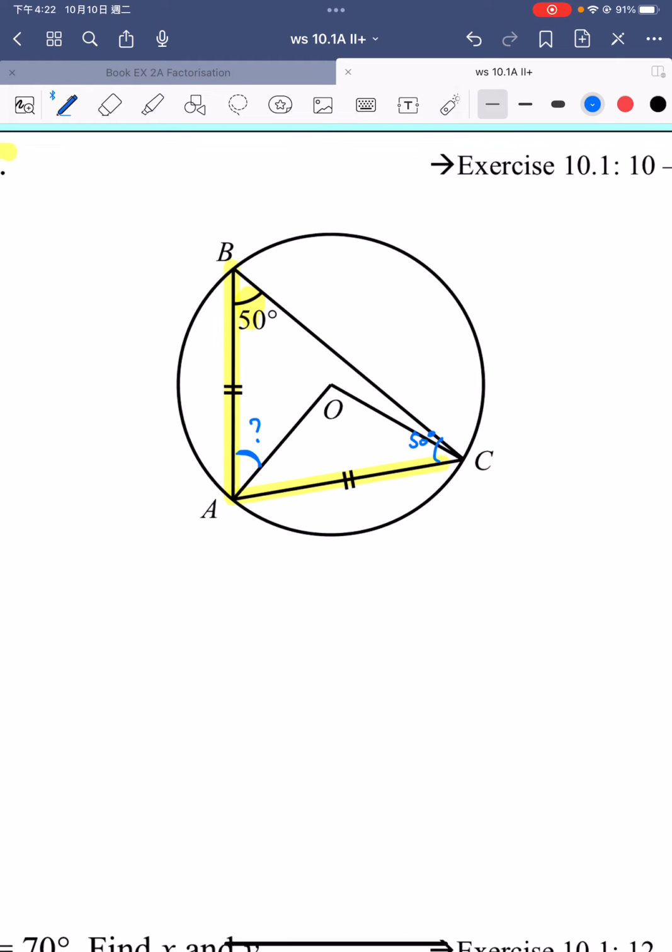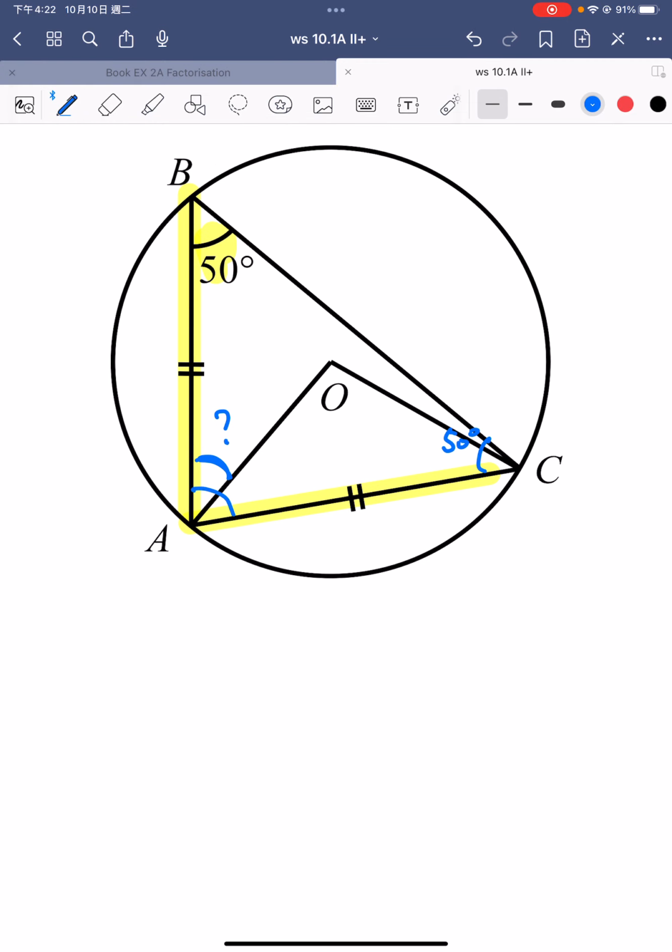So now we got the whole thing. It's equal to 80 degrees, right? Which means that if we can find out what's the angle here, then we can find out what the question is asking about, the angle BAO. So how can we find out? First of all, we notice that OA is actually equal to OC, isn't it?